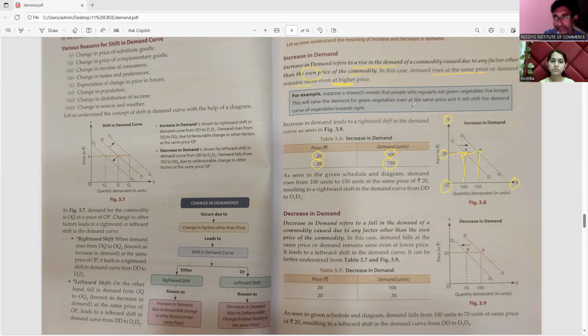Suppose, for example, research revealed that people who regularly eat green vegetables live longer. This will raise the demand for green vegetables even at the same price, and it will shift the demand for vegetables towards the right side. It means from DD to DD1. Got it?